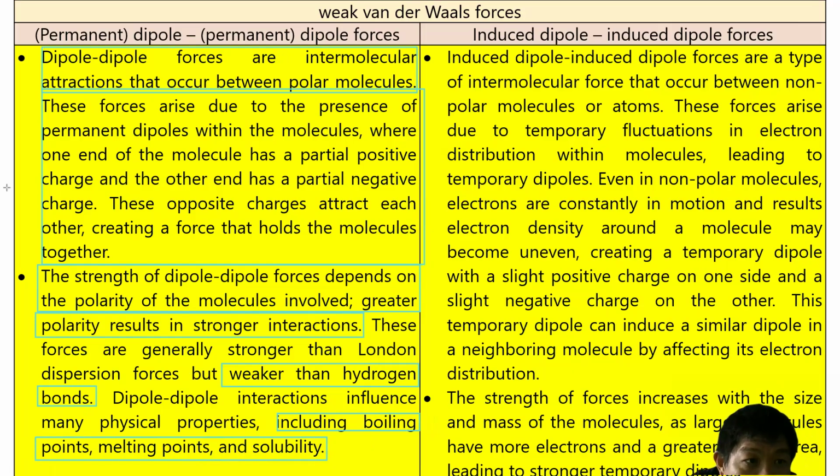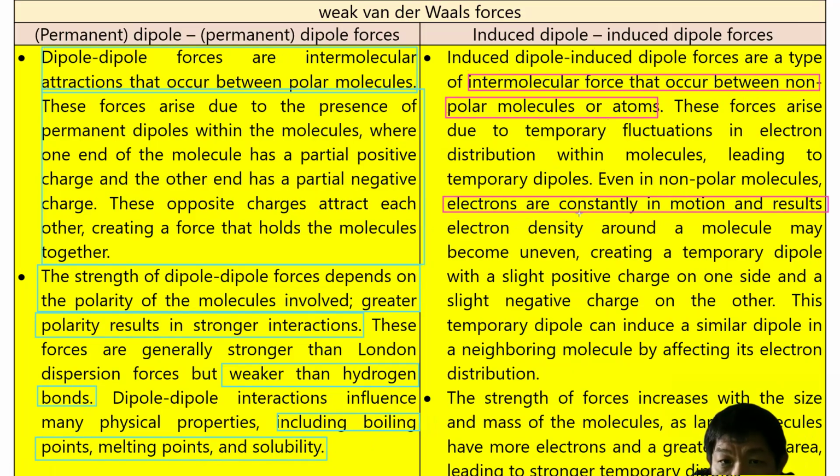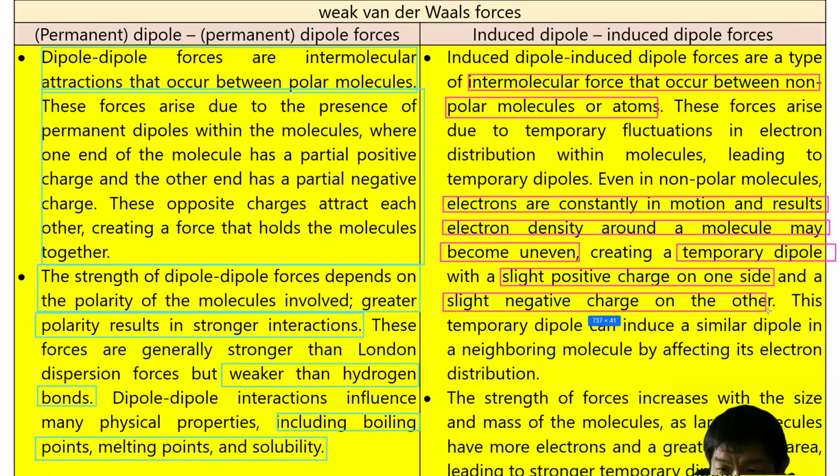Okay, and then we also described induced dipole just now. Induced dipole is a type of intermolecular force that holds between non-polar molecules or atoms. These forces arise due to the temporary fluctuation of electron density within the molecule, leading to a temporary dipole. Even in a non-polar molecule, electrons are constantly in motion, and as a result the electron density around the molecule may become uneven, creating what we call a temporary dipole, with a slightly positive charge on one side and a slightly negative charge on the other side, as I already mentioned.